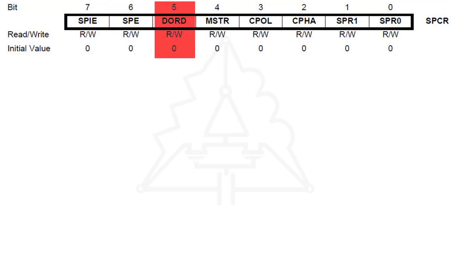When the DORD bit is written to 1, the LSB of the data word is transmitted first. When the DORD bit is written to 0, the MSB of the data word is transmitted first. This bit selects master SPI mode when written to 1, and slave SPI mode when written to 0.